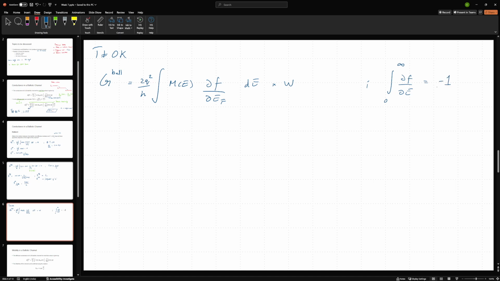That implies the integral of this quantity from 0 to infinity is going to be +1.